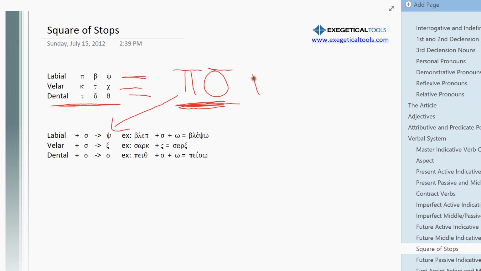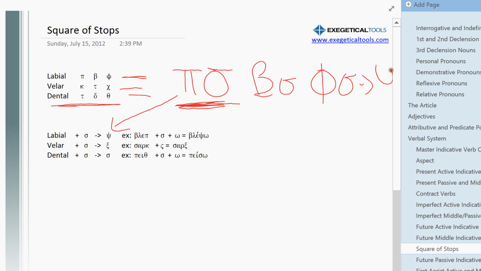Same thing with beta sigma and with phi sigma. All of these will change to psi. It happens that way naturally, basically, in the way you pronounce a word. So if you just pronounce it, that's essentially the way it sounds.